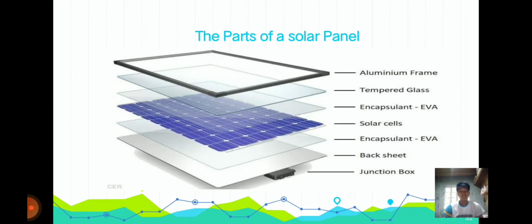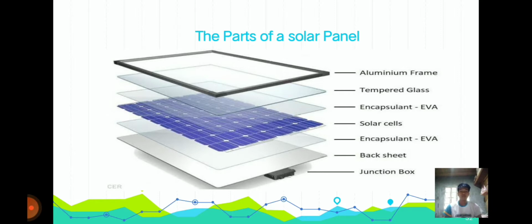For the solar cells, solar photovoltaic cells or PV cells convert sunlight directly into DC electrical energy. The performance of the solar panels is determined by the cell type and characteristics of the silicon used. The two main types are monocrystalline and polycrystalline silicon.